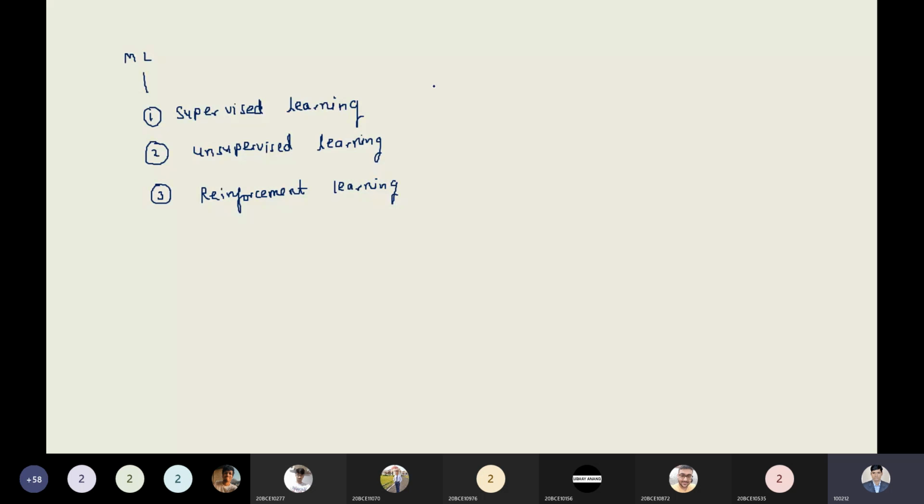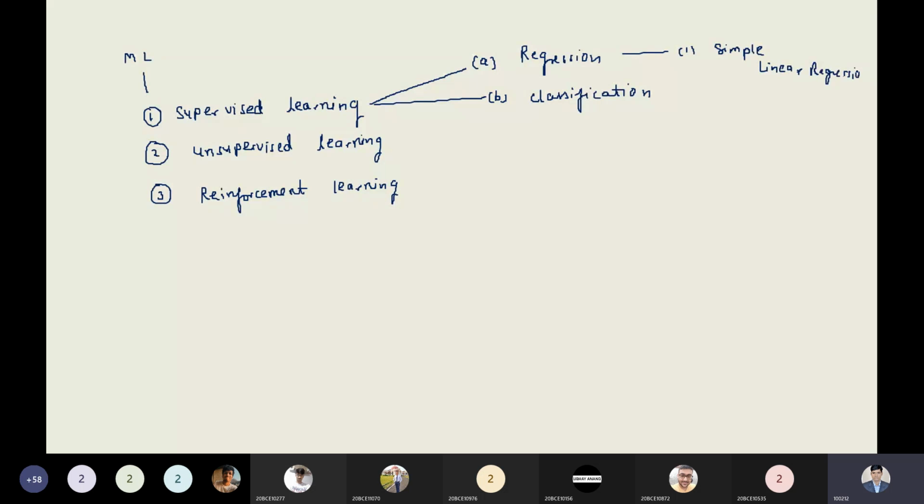Supervised learning, we have divided into two parameters. One is regression and the other one is classification. Why am I writing all of this? To explain the idea of what we have covered so far. In regression, we have seen simple linear regression as per our syllabus, along with some numerical aspects. Besides simple linear regression, there are other kinds of regression, polynomial and multiple, but as per the syllabus we have not touched them.